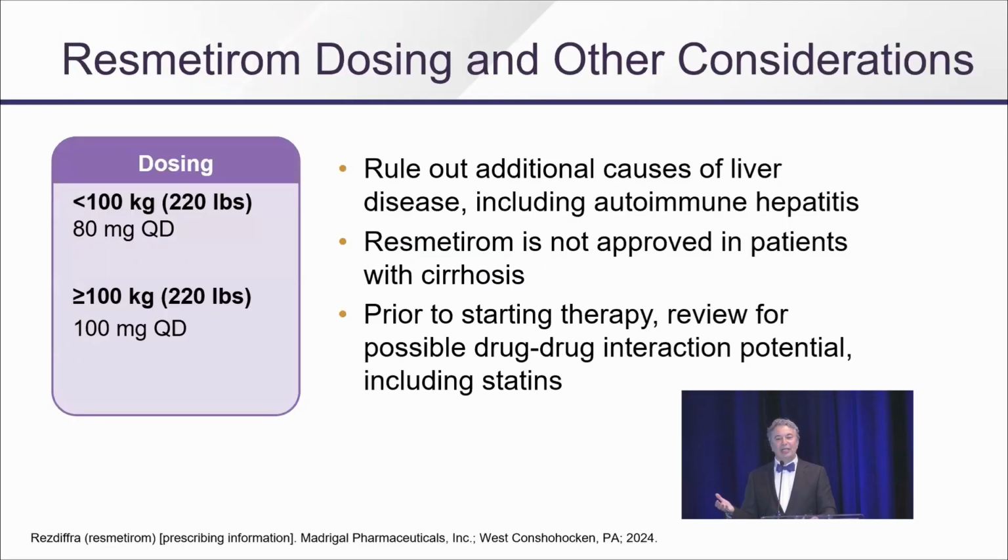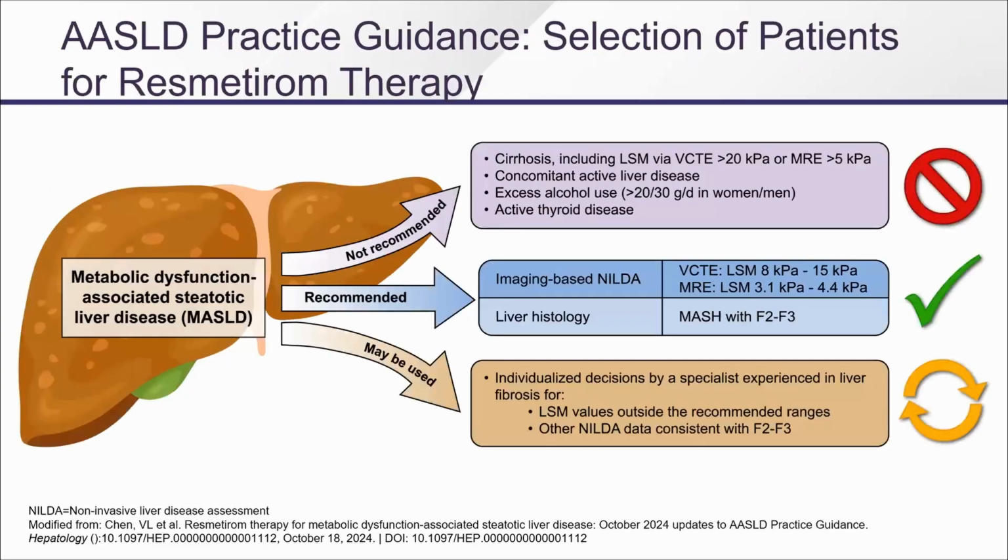So here's the dosing. Simple rule: over 100 kilos, 100 milligrams. There are some drug-drug interactions. Look them up. In the interest of time, I'm not going to go through them. So the nice thing is the AASLD did come out with NIT cutoffs for resmetirom, so that if the insurance company says they need a biopsy, you can shoot this off with your cutoffs of 8.